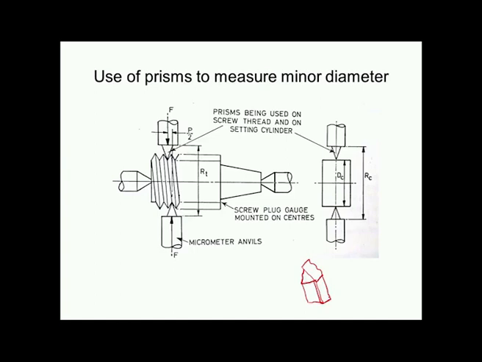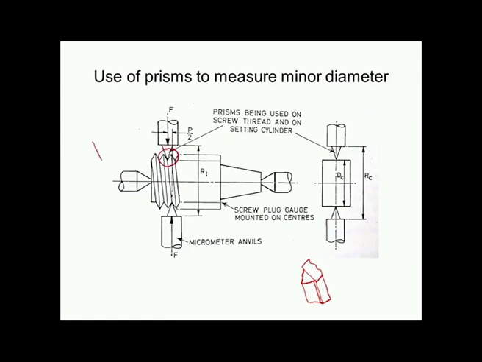So, the isometric view of the prism I have written here. The sloping surface of the prism will not make any contact with the flank of the thread, as we can see here. This portion I am enlarging.